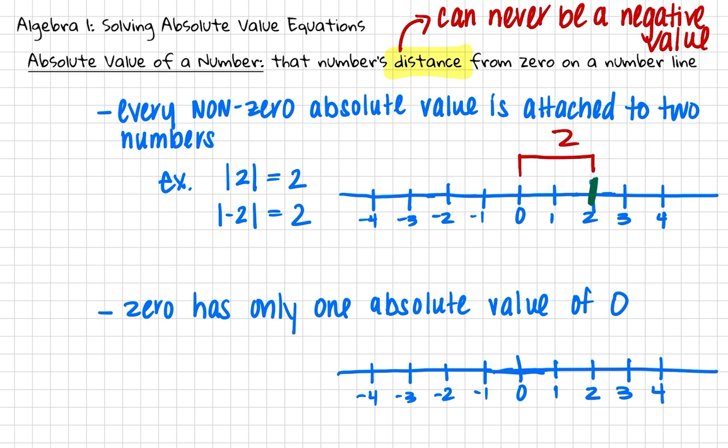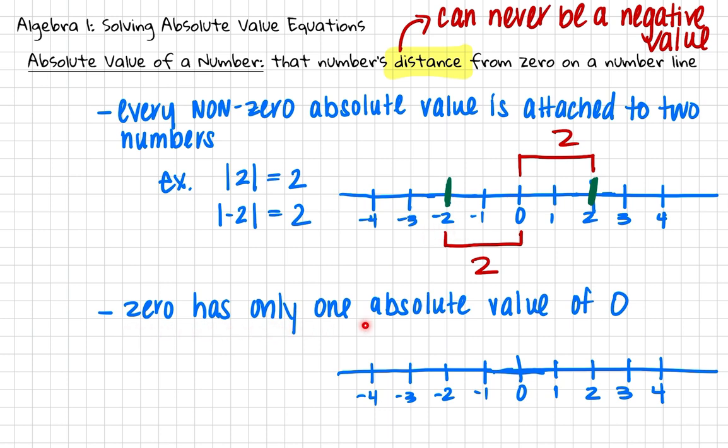And then negative 2, mark it here, its distance from negative 2 to 0 is 1, 2 as well. Where we see visually that every non-zero absolute value is attached to two numbers. These absolute values of 2 are attached to positive 2 and negative 2.